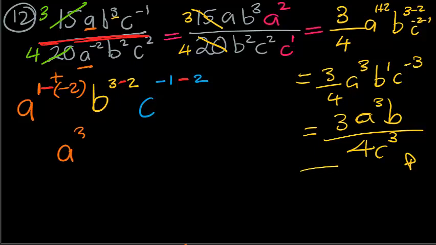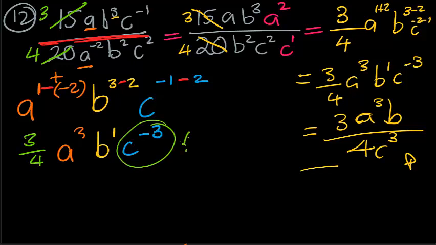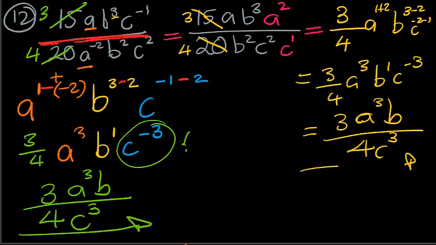And then b: 3 minus 2 is 1. And c: minus 1 minus 2 is minus 3. And my fraction was 3 over 4. So if I rewrite that, with this becoming a denominator, I've got 3a^3 b over 4c^3, which is the exact same answer.